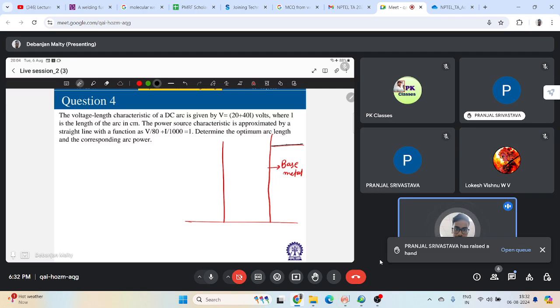So my strength will go down. My ductility will come like this. This is strength. This is ductility. Right?